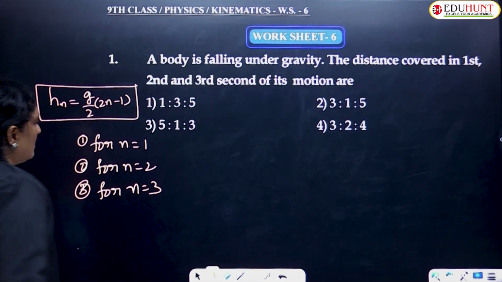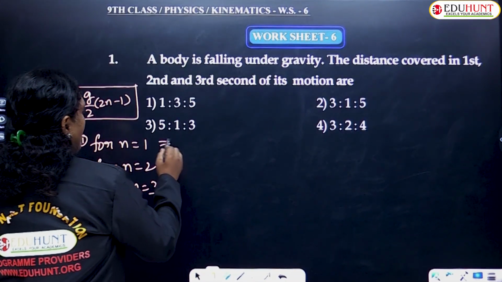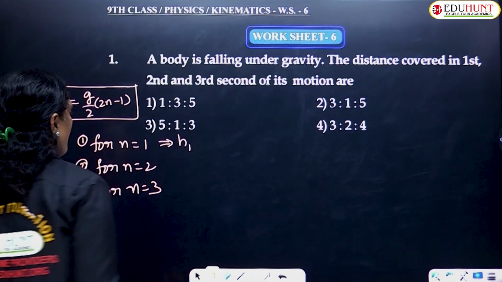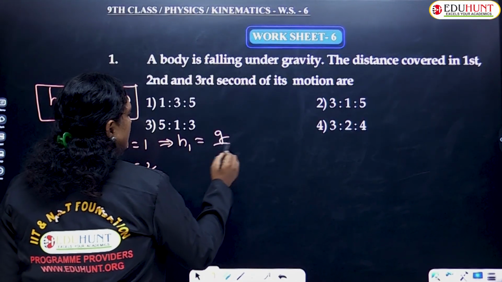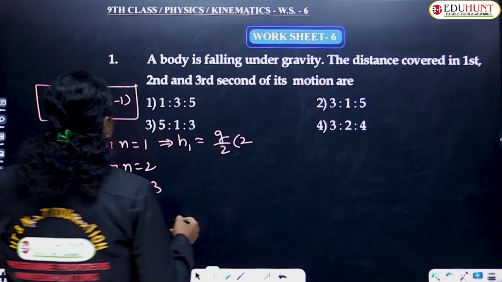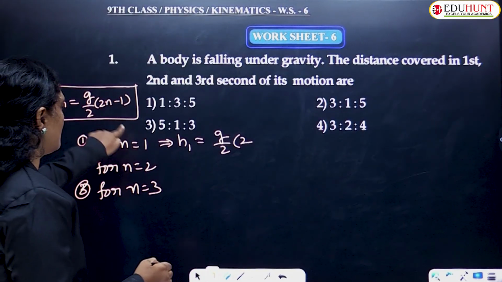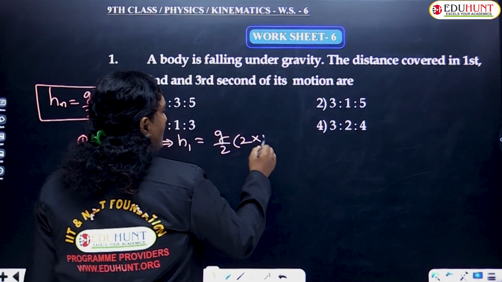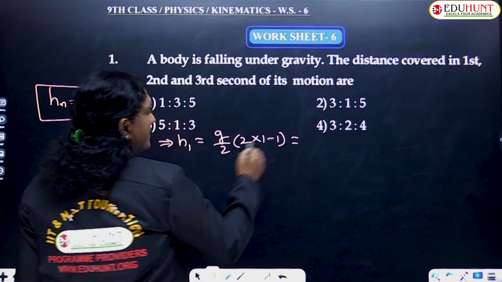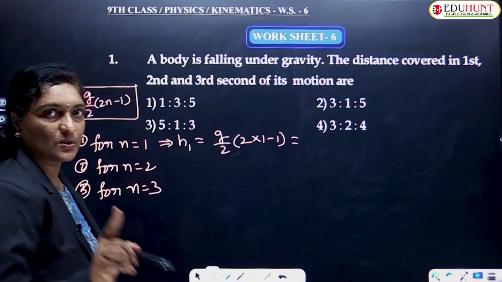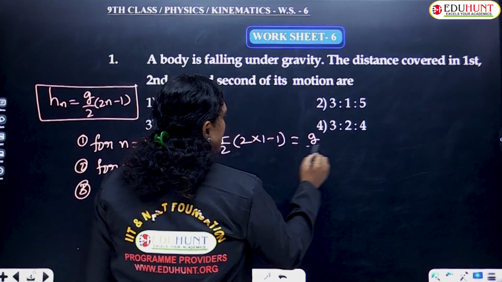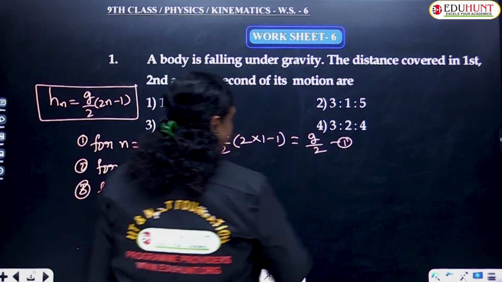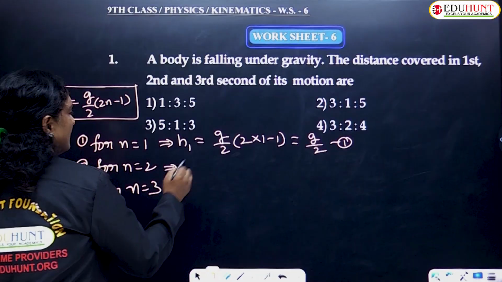The distance traveled by the first body in 3 seconds is 9g by 2. Whereas for the second case, the distance traveled by the second body will be half g, it traveled for 2 seconds, 2 square is 4, that is 4g by 2, or you can also write it as 2g.